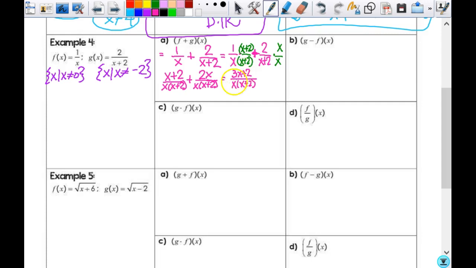Do I just get to cancel this x with that x? No. Do I just get to cancel this x plus 2 with x plus 2? No, it doesn't work that way. So I can't simplify it at all. The good news is I really can't do anything else, and it's fine. So this is f plus g of x. My domain then is all the x's such that x cannot equal -2 or 0.